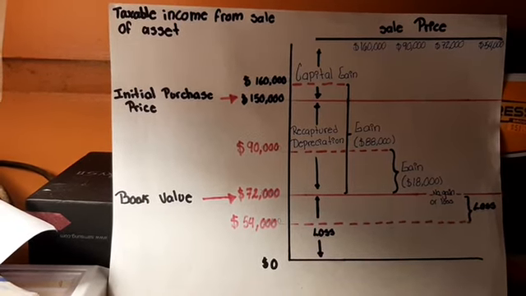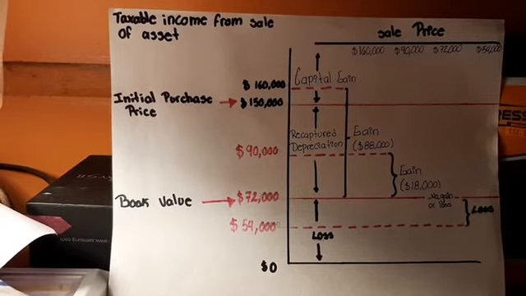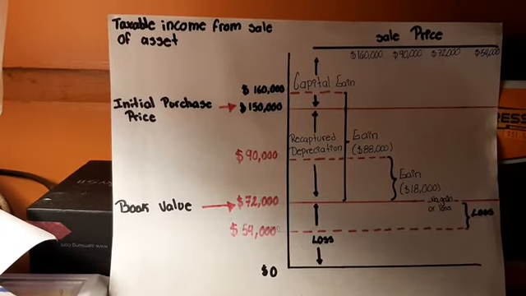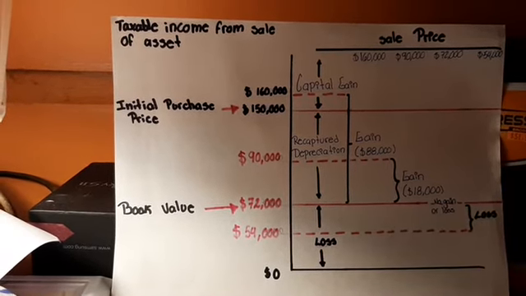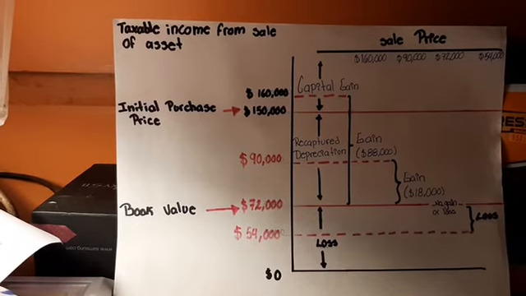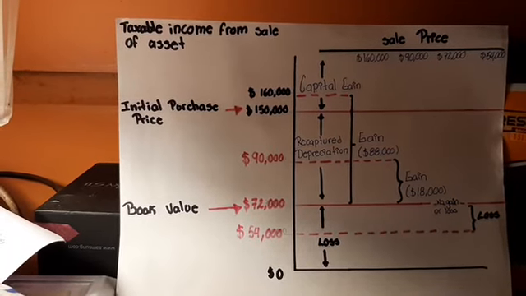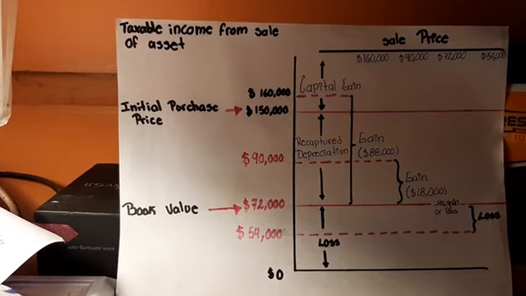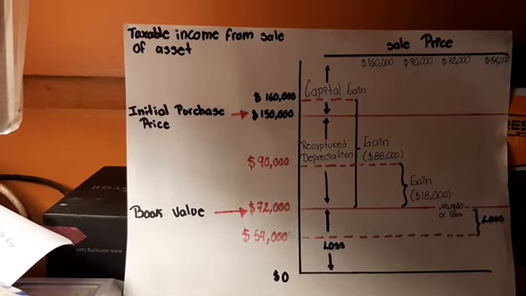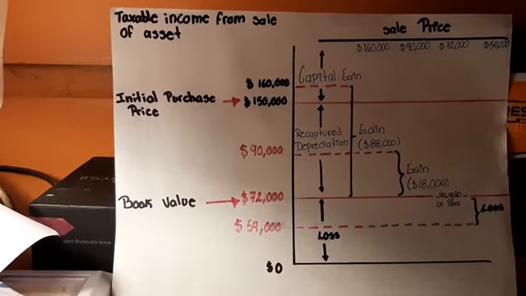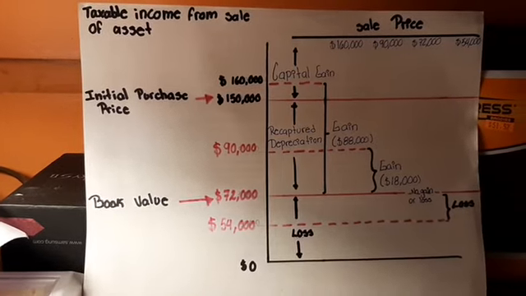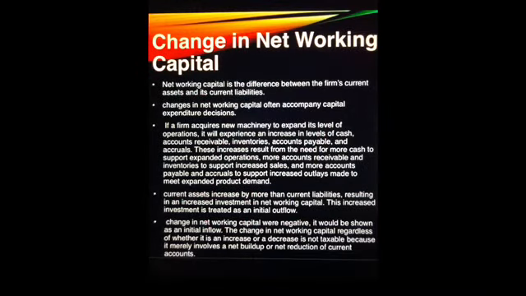And if current operating earnings or capital gains are not sufficient to offset the loss, the firm may be able to apply these losses to prior or future years' taxes. So thank you.